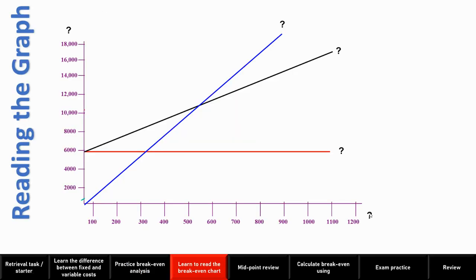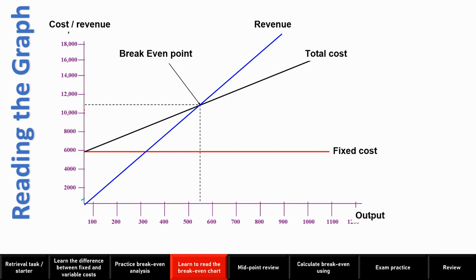Now, I'm going to jump through this bit here, but just to pick up a couple of key points, okay? In class, you're going to learn how to plot these lines. There's only 3 lines we need, where revenue and cost are the same. It's breaking even. This business knows that it now needs to sell about 550 products to break even, and it needs to make a revenue of about £11,000 to cover its £11,000 costs, okay?